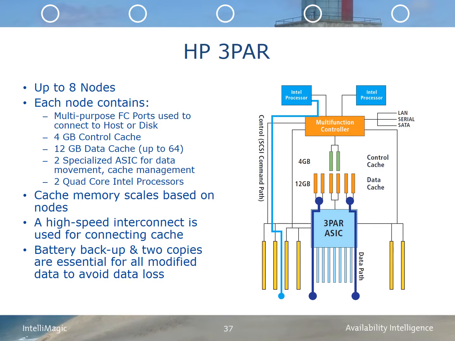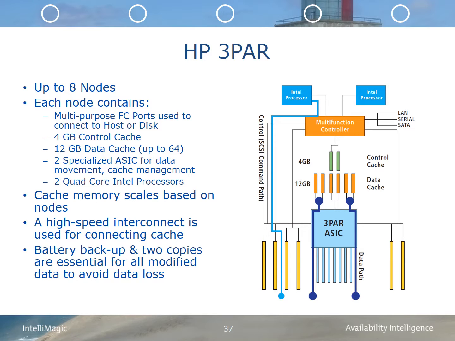There's also 4 gigabytes of the cache dedicated for control and metadata activities, and 12 gigabytes, which scales up to 64, for the data cache. One thing that's different about this platform is that it does have some specialized ASICs. There are 2 specialized ASICs for data movement and cache management.